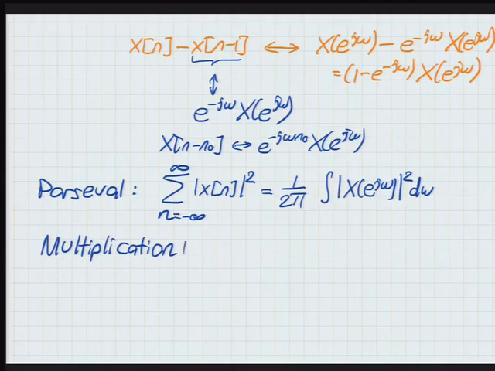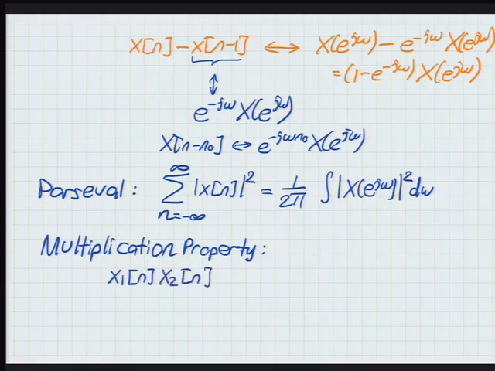So the multiplication property says that if I take x1, multiply it with x2, what happened in... Oh, yes. Thank you for reminding me. Absolutely. So I'm going to put a subscript 2 pi here. Thanks. So the multiplication property says that, what did it say in continuous time?